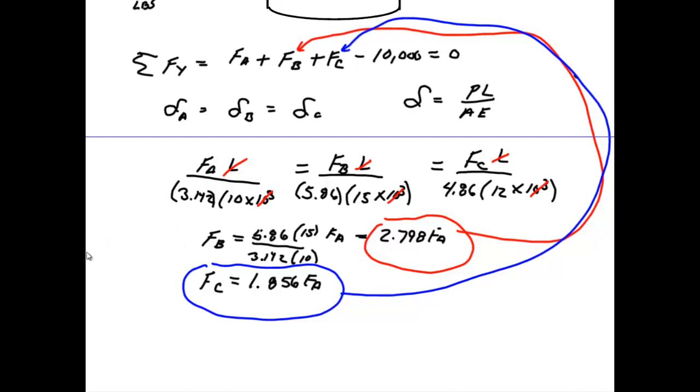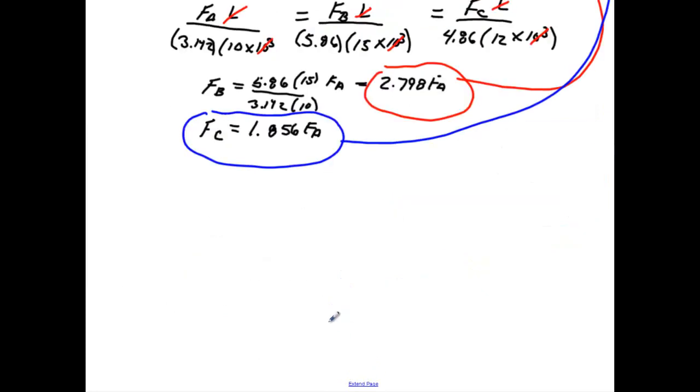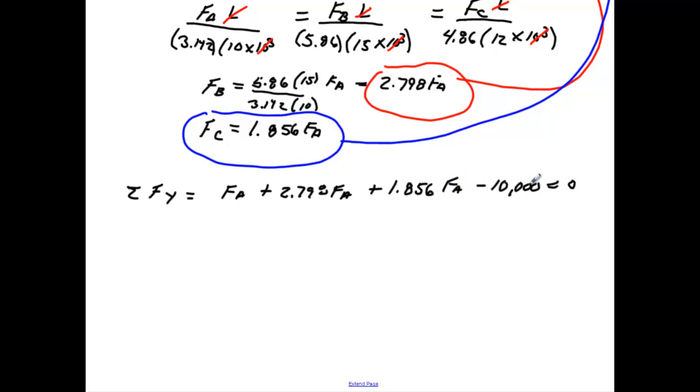Then we can go back and say the summation of forces in the y direction equals FA plus 2.798 FA plus 1.856 FA minus 10,000 is equal to 0.